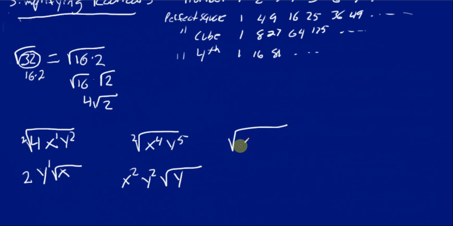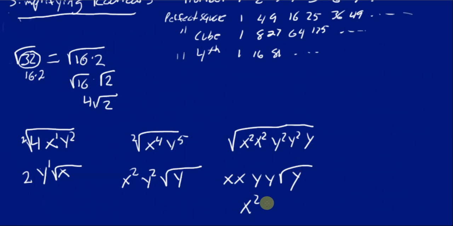What that would look like is x to the 4th can be rewritten as x squared, y to the 5th can be rewritten as y squared, y. Every perfect square is going to come out as a single x, a single x, a single y, and this y cannot come out. It's got a power of 1. So that's x squared, y squared, square root of y.